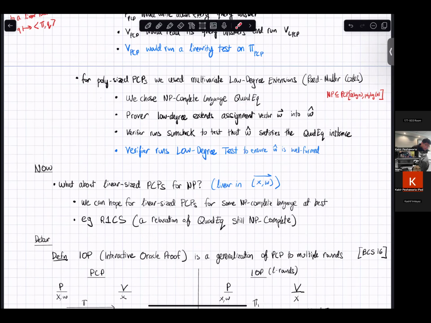We have this thing here, W hat, which in this case is a multivariate polynomial, and we run a sum check on this multivariate polynomial to check the quadratic equation instance. But how do we know that this multivariate polynomial is really bound to some actual assignment vector? That's where we use the low degree test.